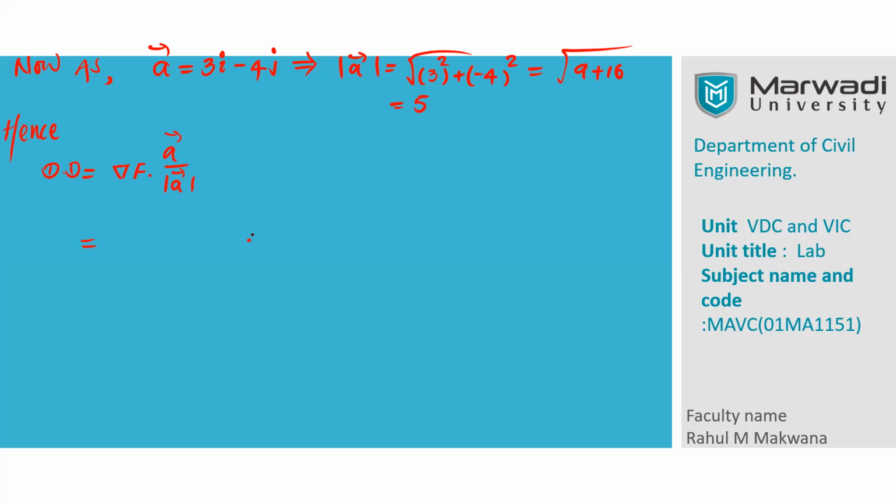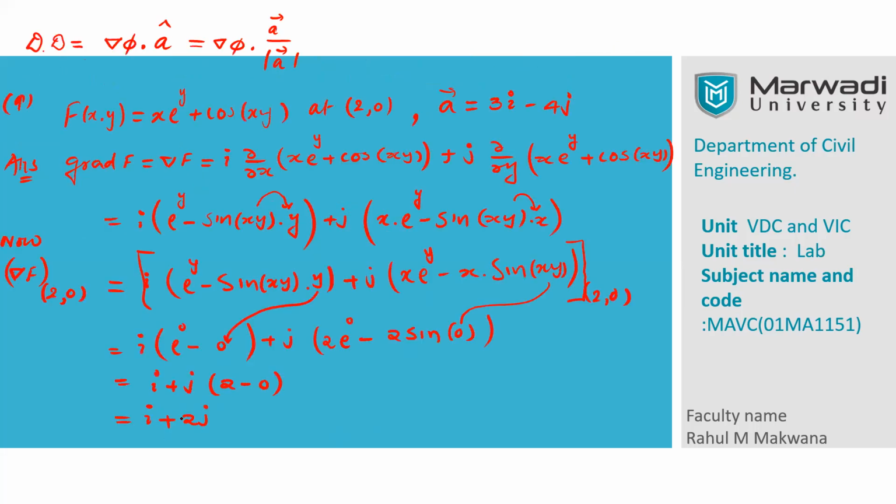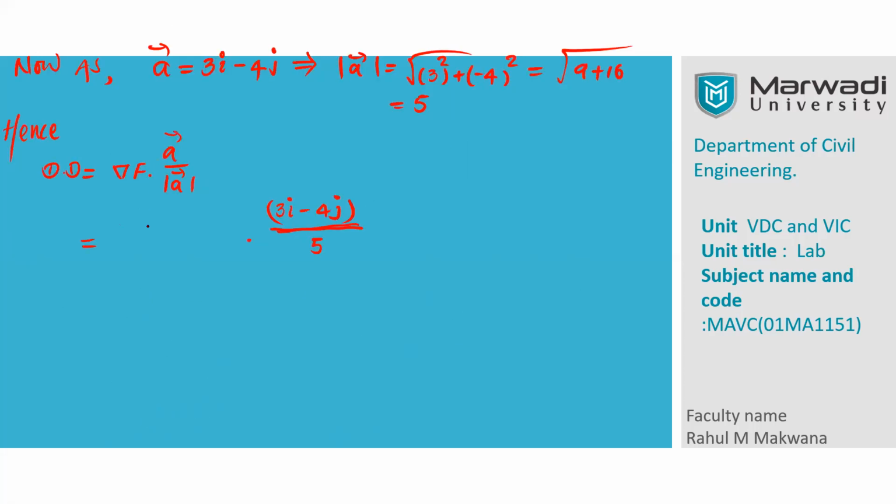So the vector is 3i minus 4j divided by the magnitude 5, and our nabla phi is i plus 2j.